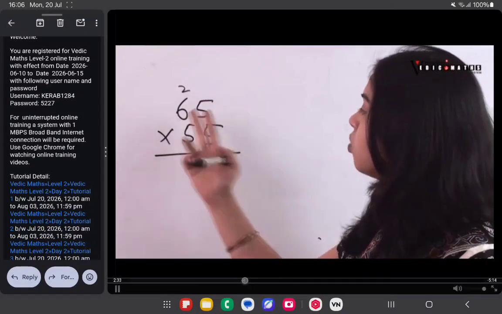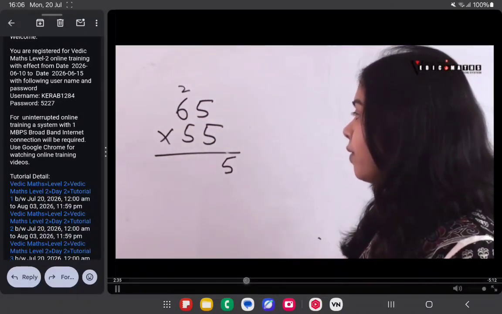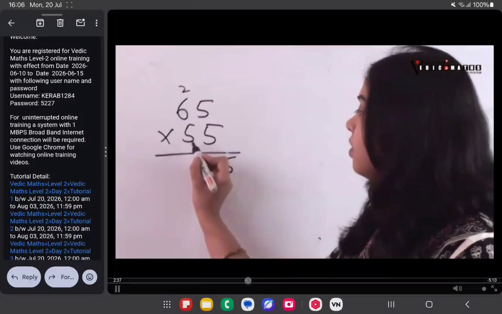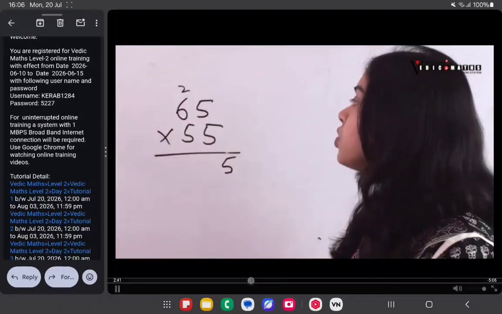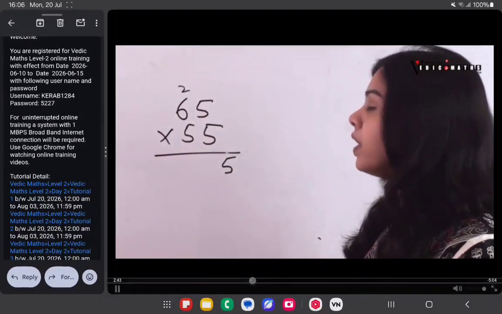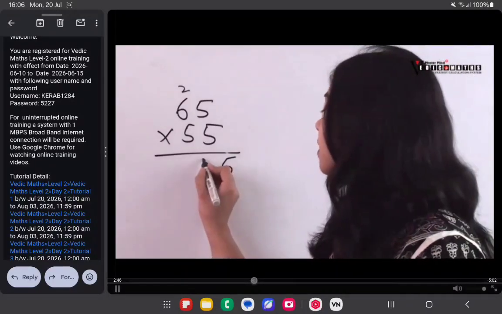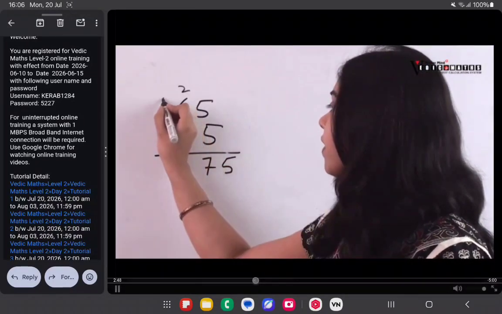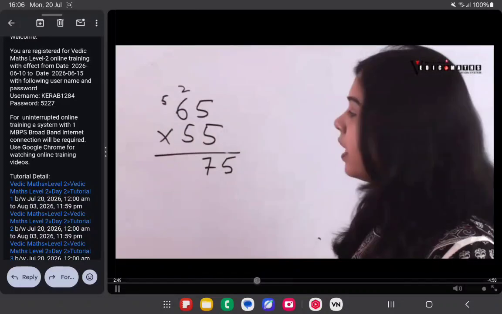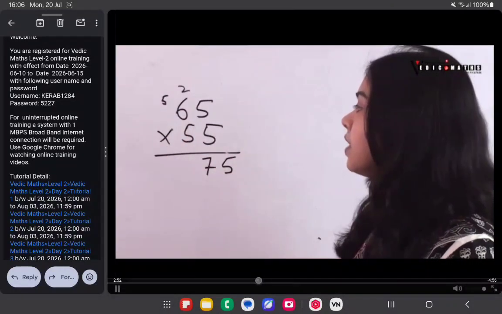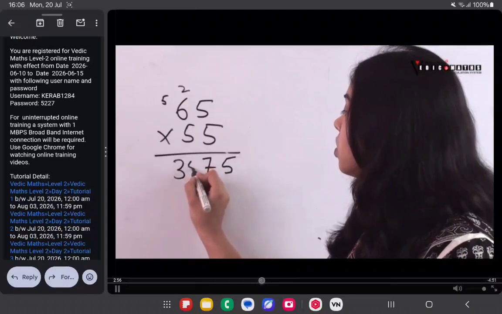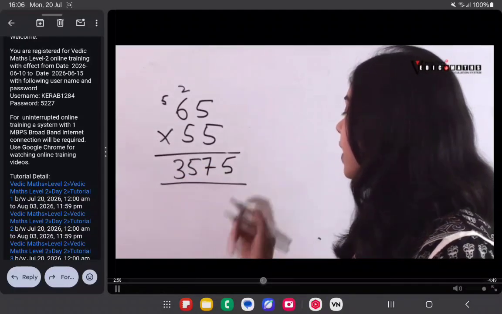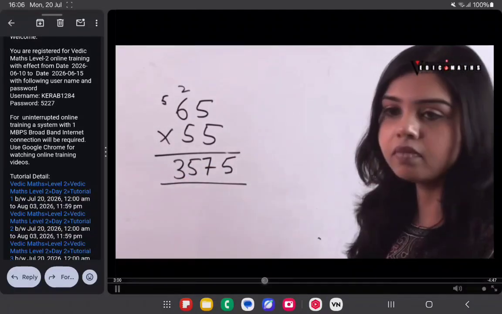Then add these two digits. 6 plus 5 is 11. 11 into 5, 55, and we already have plus 2. 55 plus 2 is 57. That means we can write here 7 and plus 5 carry forward. Then 6 5s are 30 plus 5, 35. So our answer is 3575.